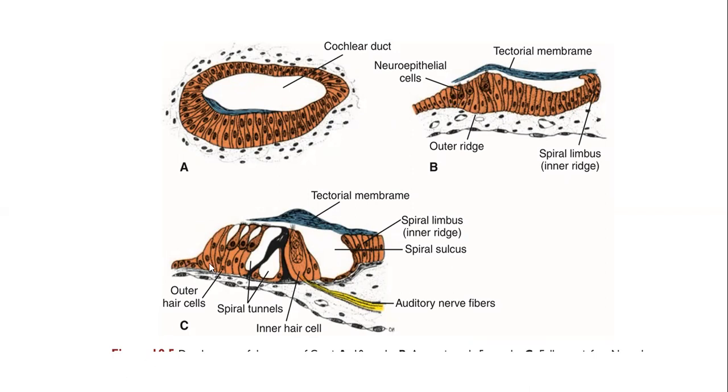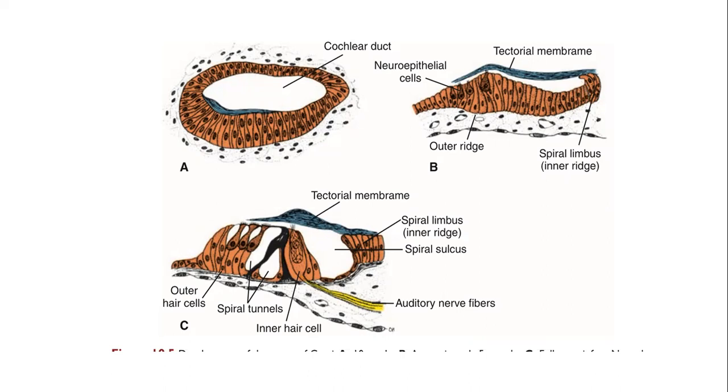So here in this figure, this is the outer cell layer and the inner cell layer. And this is the spiral limbus, the inner ridge. Here in this figure, this is your outer ridge, and this is your inner ridge, the spiral limbus.